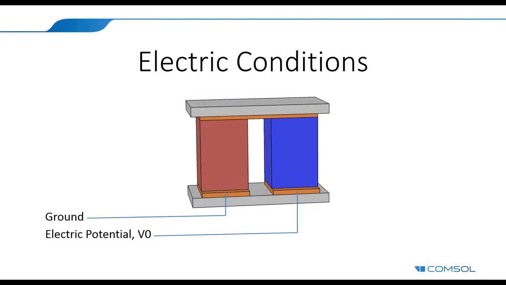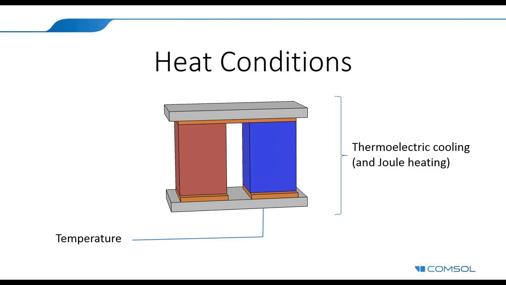For the electric side, we'll set a ground condition on this part, an electrical potential on this part, and we expect to have a current going through the device. And for the heat condition, we'll just put a temperature condition on the bottom side, and we expect to have the cold side on the top, and we'll see how well the device performs.